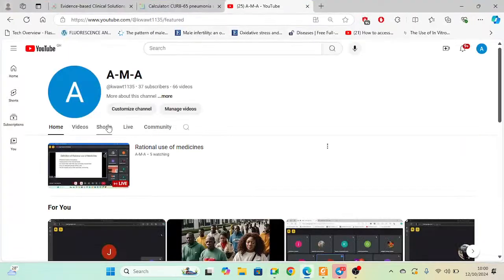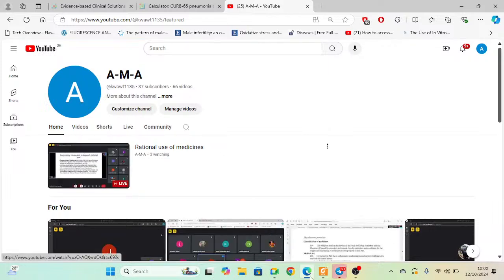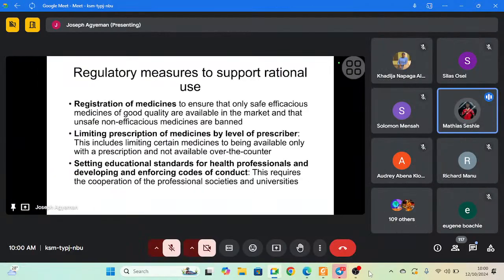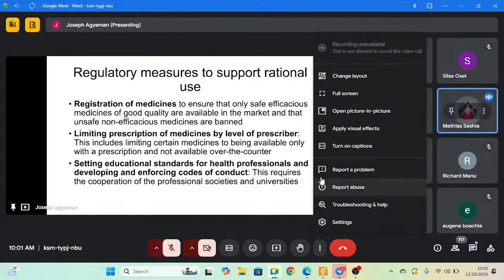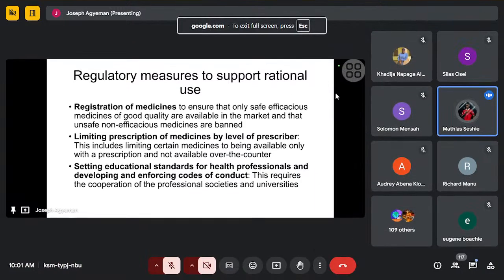Okay, so I think it's important to register drugs, because in looking at rational use of medicines, you want to be able to give the right drug to the right patient.